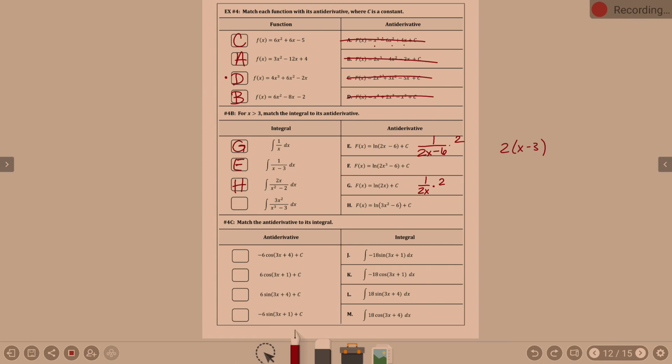So H, the derivative of natural log of something is 1 over something times the derivative of something, which is 6x. Well, right here you can factor out the 3, and it's 3 times x squared minus 2, right? So 3 cancels with 6, and there's your 2x and your x squared minus 2. Process of elimination, what has to go here? F.